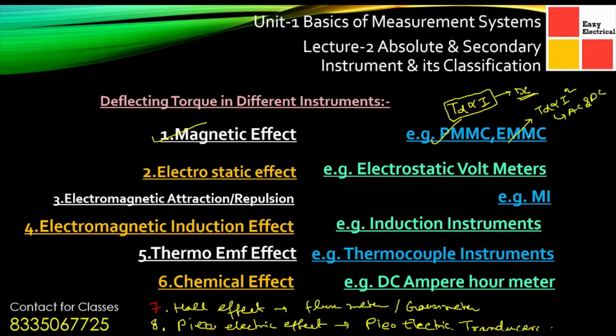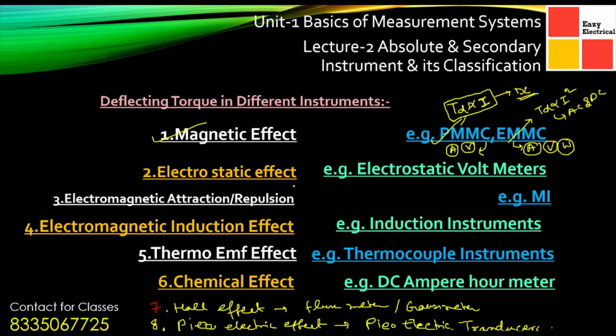In PMMC type, we have only seen applications as an ammeter and a voltmeter, whereas in EMMC type, ammeters, voltmeters, and wattmeters are made. Here you can see the magnetic effect for the PMMC type instrument: the current is proportional to the deflecting torque, and here the deflecting torque varies as the square of the current.